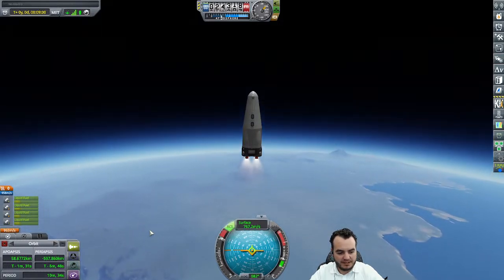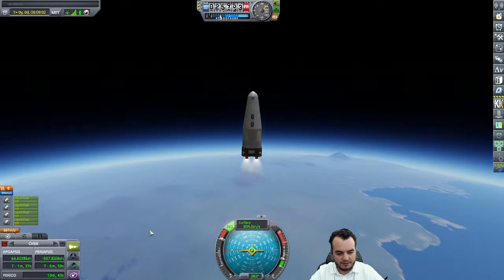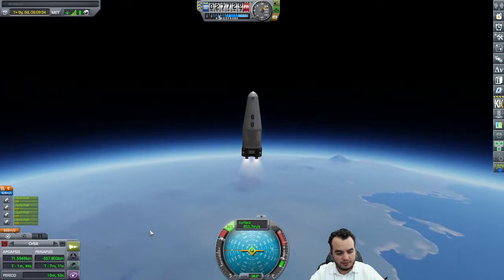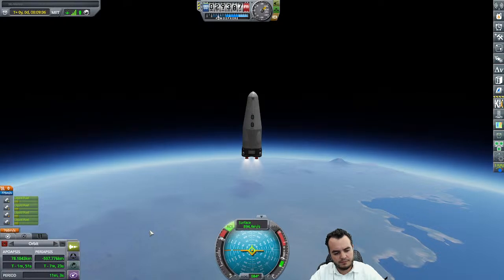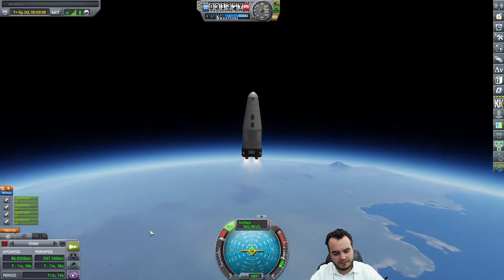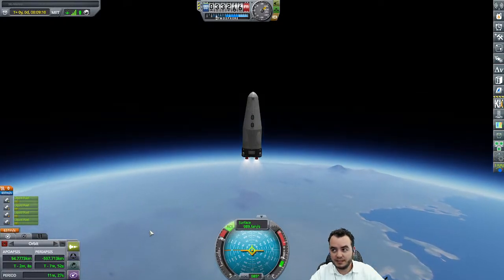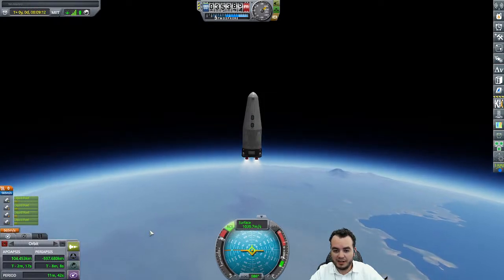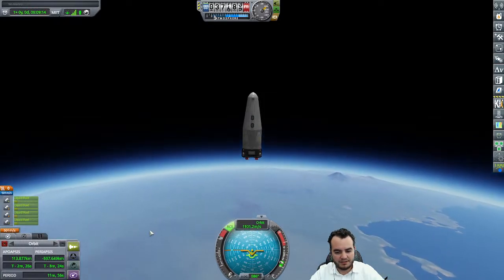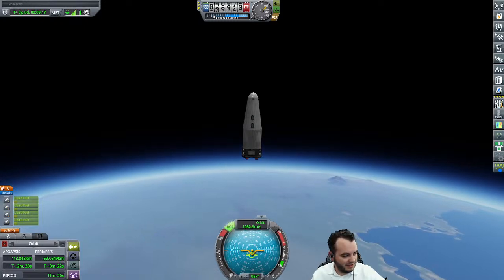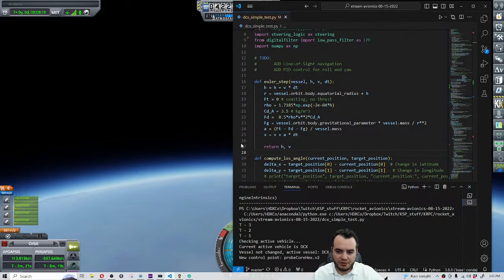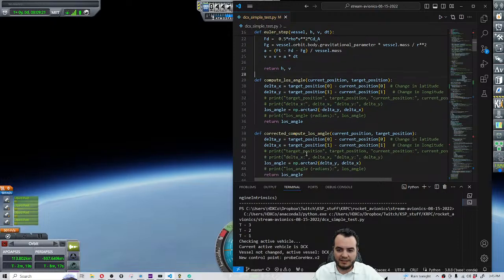All right, coming up on 60. There's 60. Oh. Interesting. So changing that to a much higher value, I think it's because it's in the middle of a simulation. I think our Euler integration is taking too long.